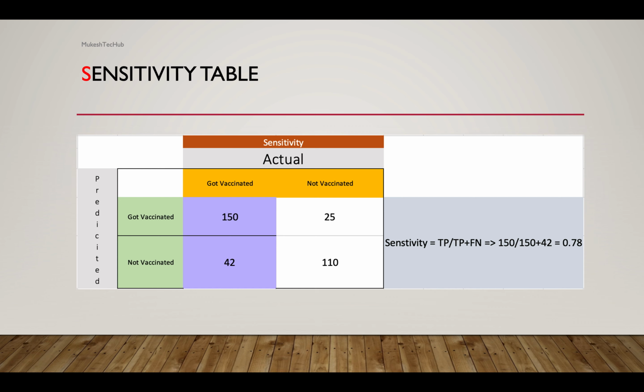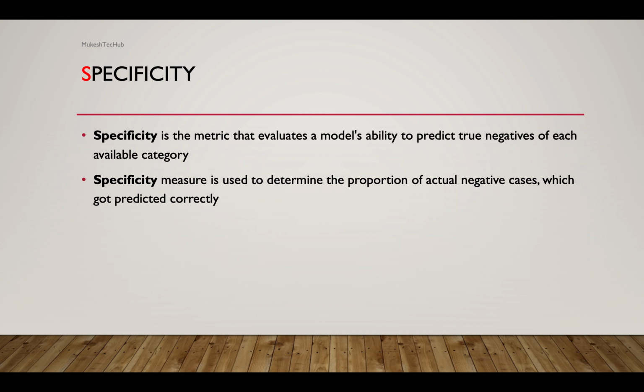So here I'm getting 0.78, that is 78%. That means sensitivity tells that 78% of people got the vaccine, right? Now let's move forward to some other metric, that is specificity.